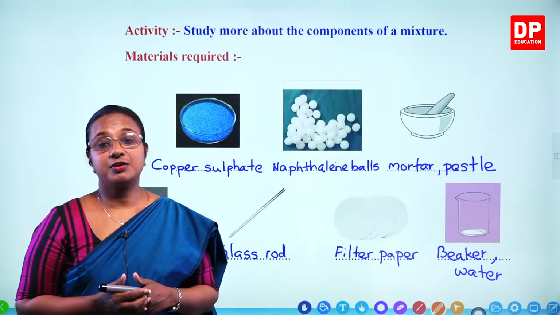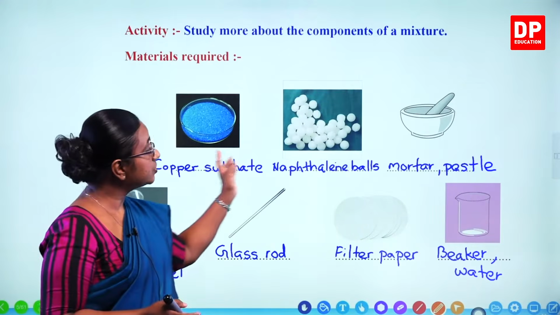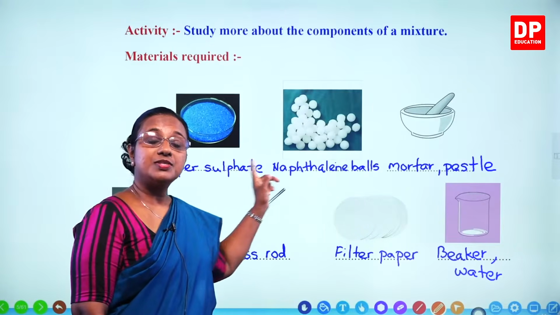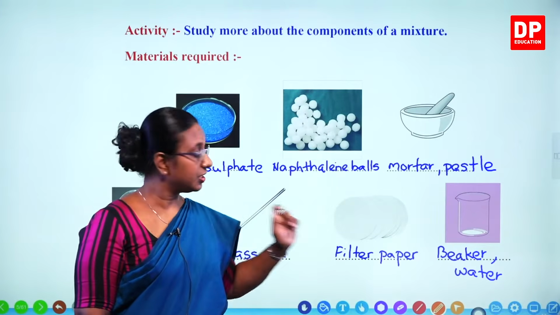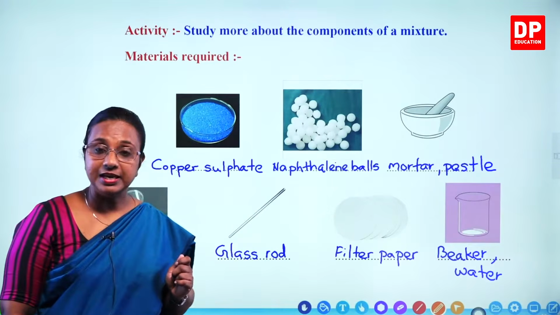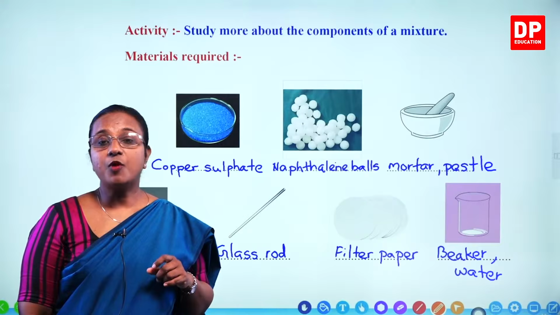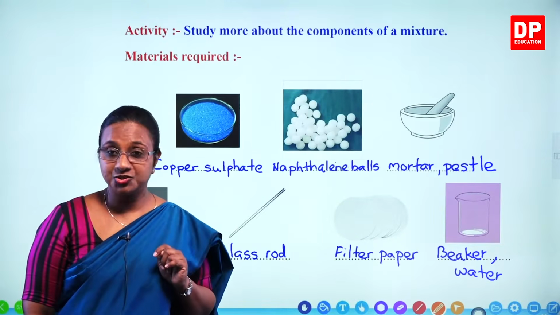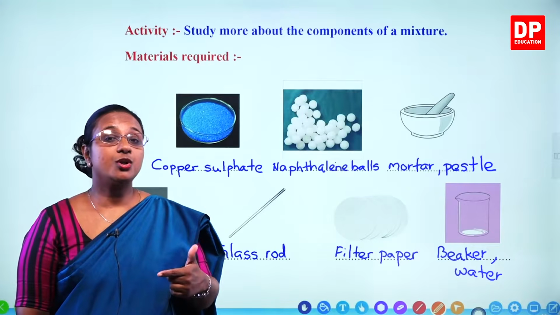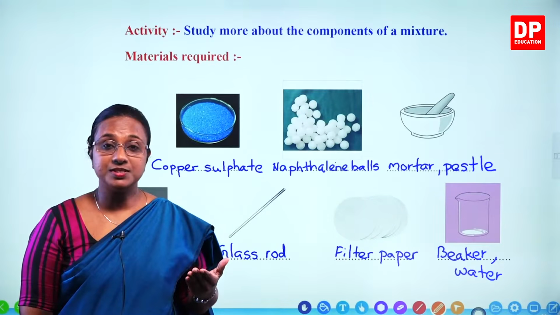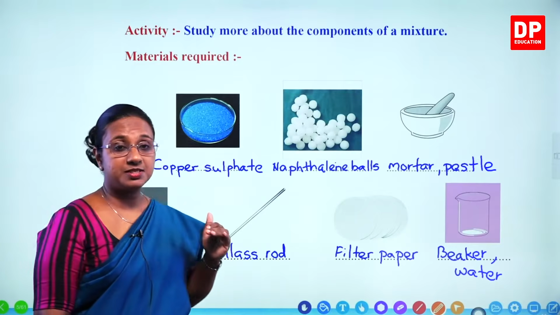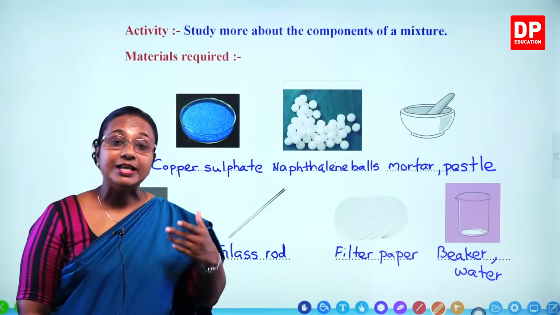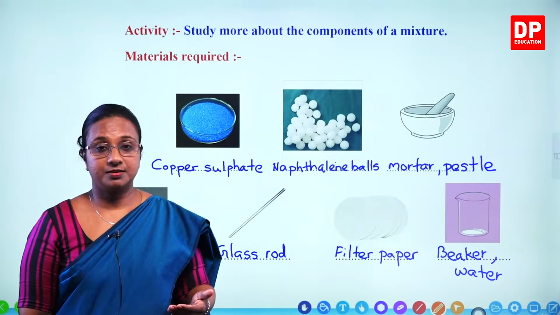In the second part of the activity, we dissolve that mixture. The copper sulfate naphthalene mixture is transferred into a beaker and we add some water to it and dissolve it well using a glass rod. When dissolving, again you have to observe how the two substances dissolve, whether they dissolve or not.